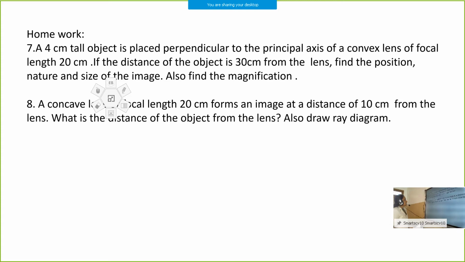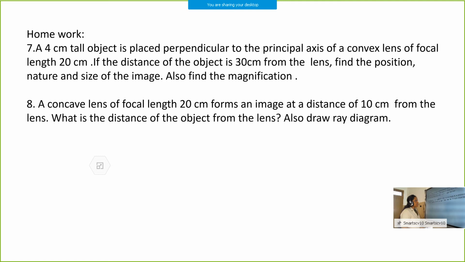First one. A 4 centimeter tall object is placed perpendicular to the principal axis of a convex lens of focal length 20 centimeter.